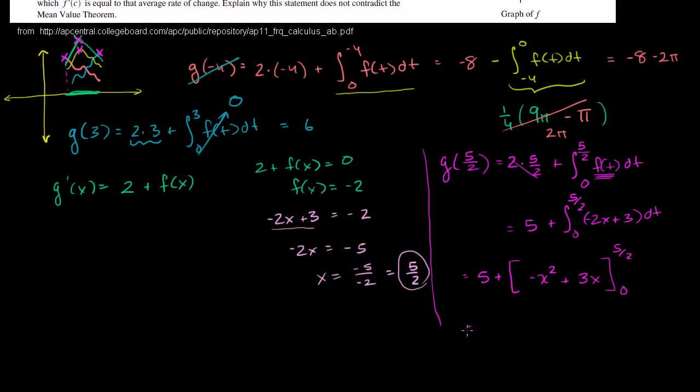So this is going to be equal to 5 plus, and I'll do all of this stuff right over here in green. When we evaluate it at 5 halves, this is going to be negative of 5 halves squared. So it's going to be negative 25 over 4 plus 3 times 5 halves, which is 15 over 2. And then from that, we're going to subtract this evaluated at 0. But negative 0 squared plus 3 times 0 is just 0. So this is what it simplifies to.